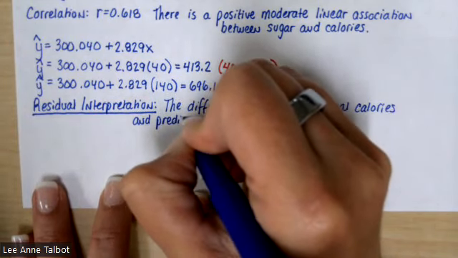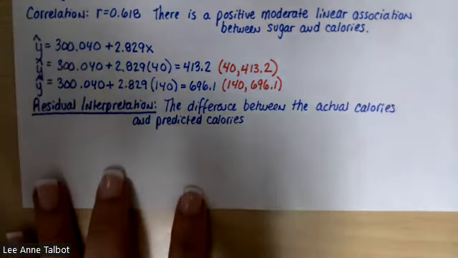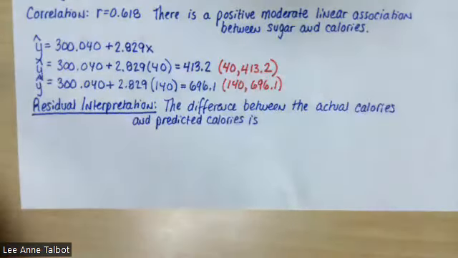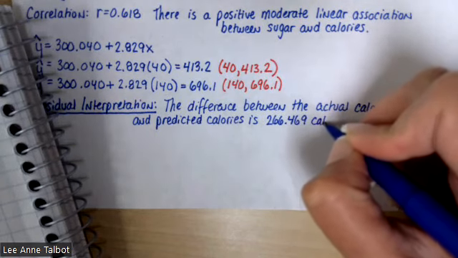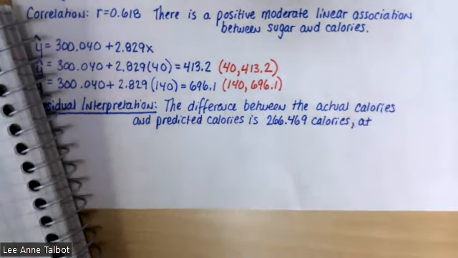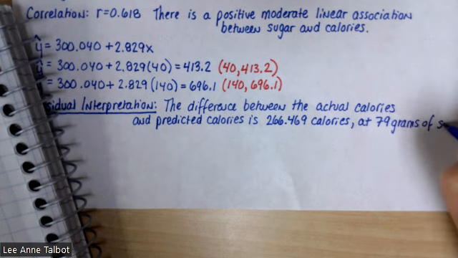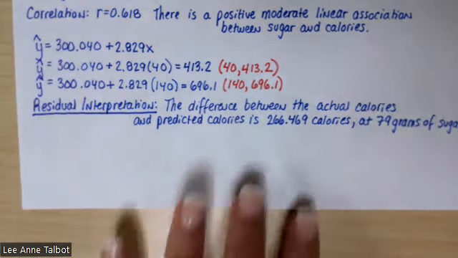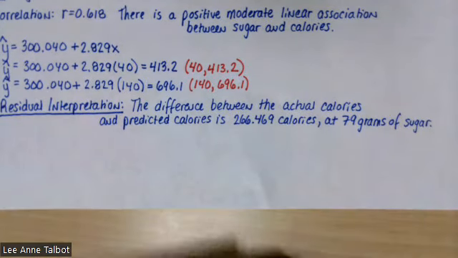And predicted calories is 266.469. That sentence is the interpretation for that vertical line that we drew to interpret the residual, 266 away.